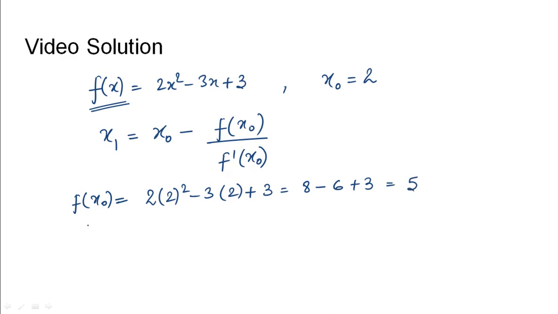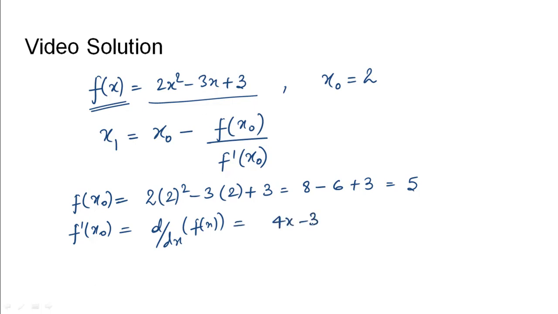Similarly, we need the value of f dash of x naught, which can be found by taking its derivative, which will be d by dx of f(x). This would give the value as 4x minus 3. Now we will substitute x naught in this, which would give f dash of x naught as 4 into 2 minus 3.